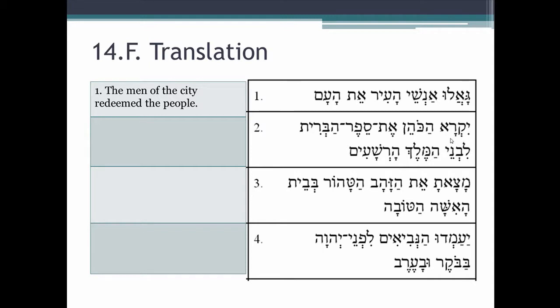So do we have a singular masculine noun to go with that? We do, right here, ha-kohen, the priest. So let's turn our translation on here. The priest will read, direct object marker, sefer haberit, noun, noun. Again, two nouns, think construct. And haberit is definite, so it's the book of the covenant.